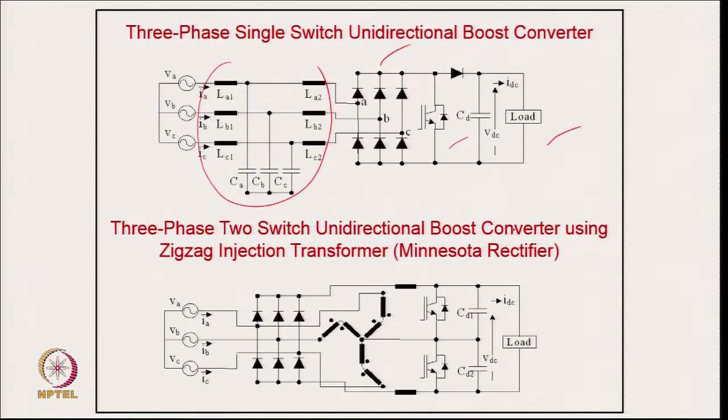Then we have another converter, the 3-phase 2-switch unidirectional boost converter using a zigzag injection transformer. This is also known as the Minnesota rectifier. It was invented at the University of Minnesota, and that is the name they put on it. You can see the injection transformer here, and you have 2 boost converters to regulate the output voltage.